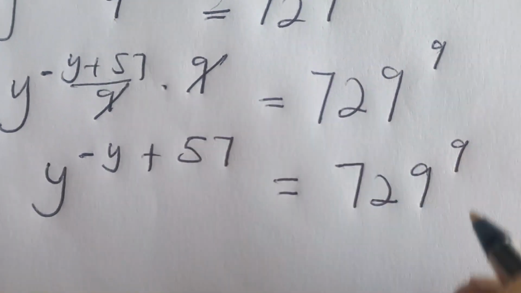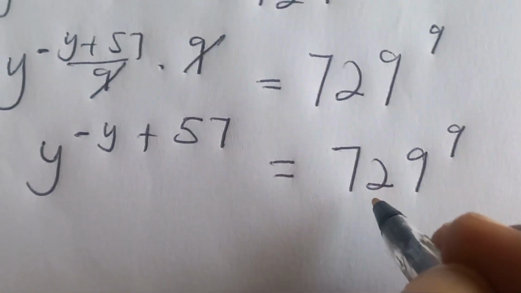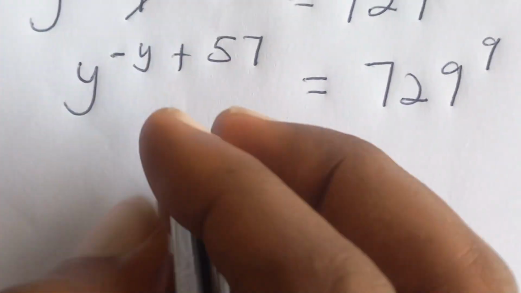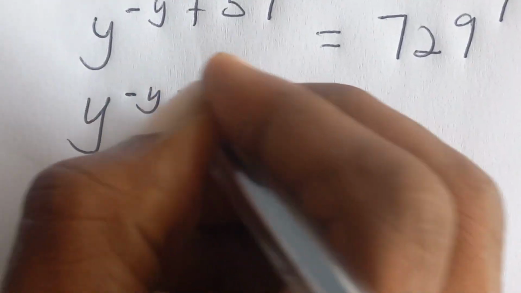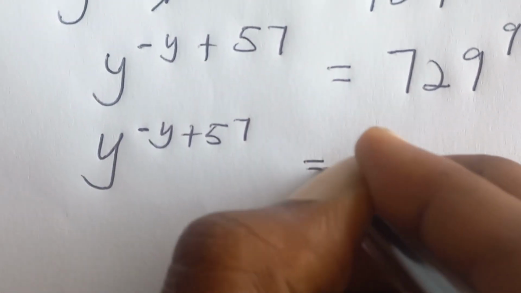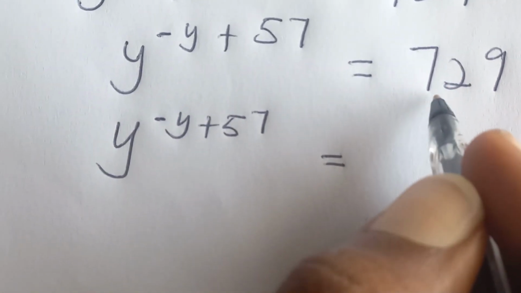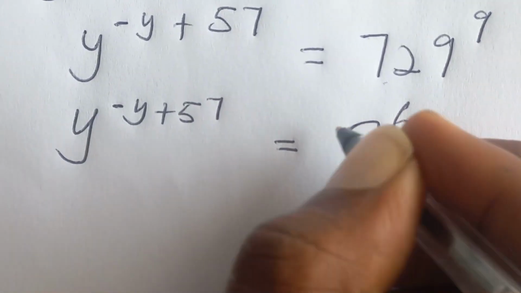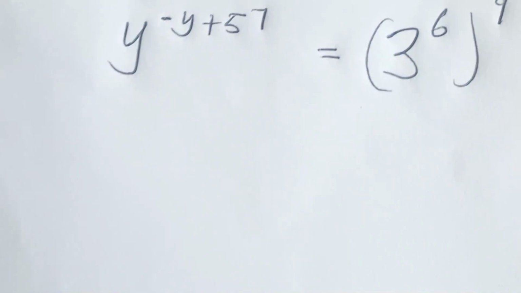Now let's focus on reducing this 729 into simpler terms. 3 exponent 6 gives us 729, so we have (3^6)^9.